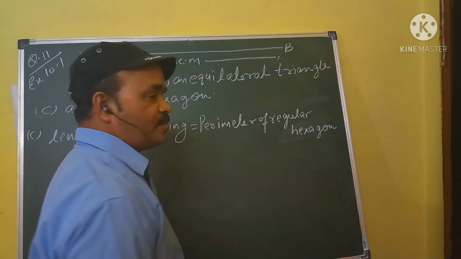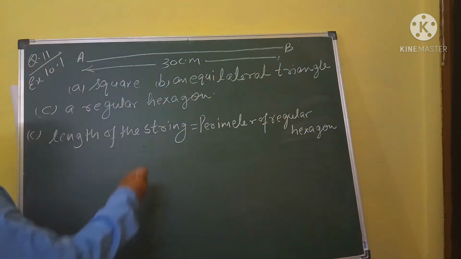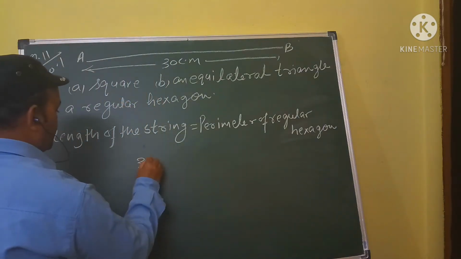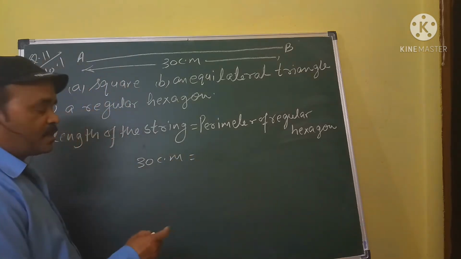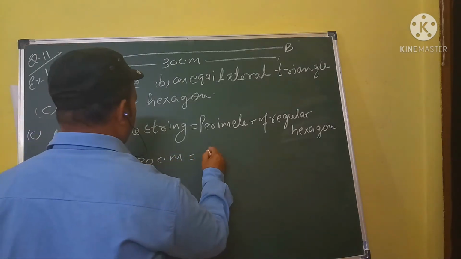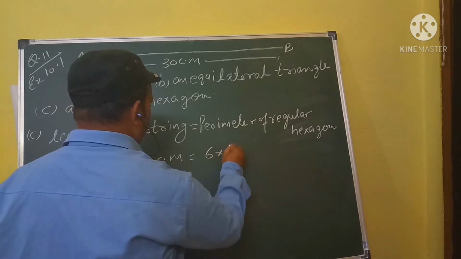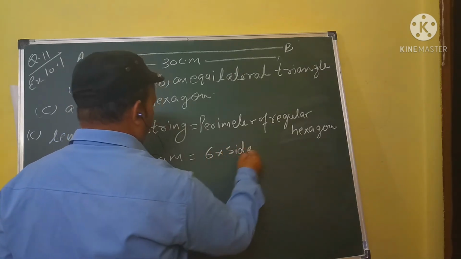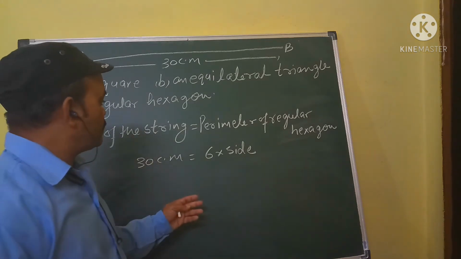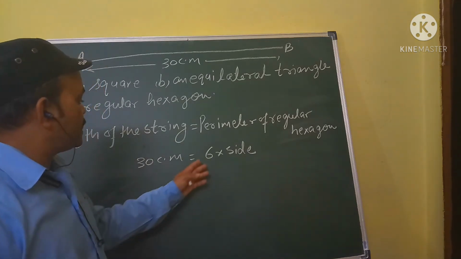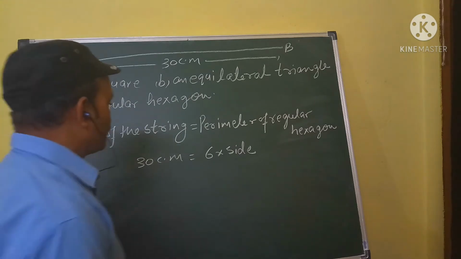The length of string is 30 centimeter and the perimeter of a regular hexagon is 6 into side. What is a hexagon? A hexagon is a regular polygon. It contains 6 sides.